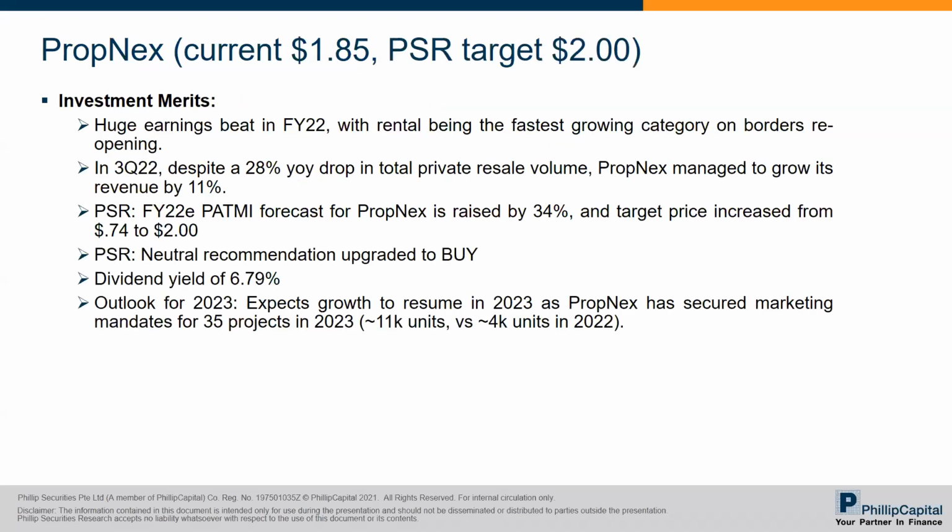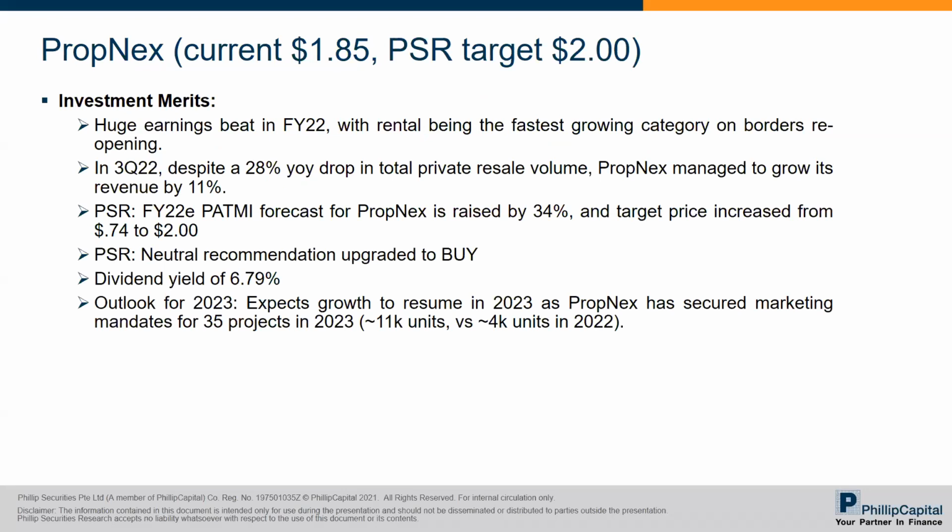So this one is my most favorite counter at the moment, Propnex. It's currently trading at 1.85, and our target price is $2. The reason why we recommend this is that it has a high dividend yield of 6.8%, and they have a huge earnings beat last year.